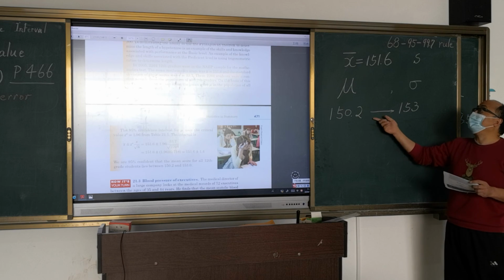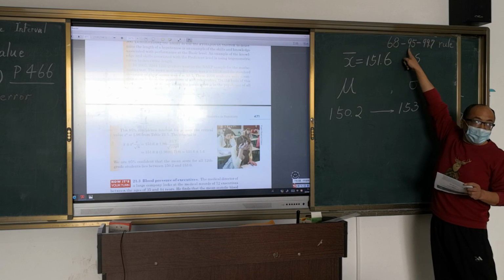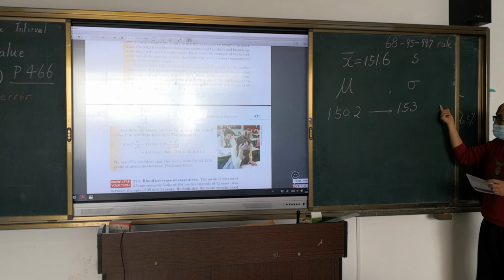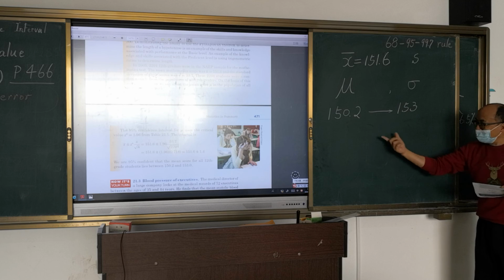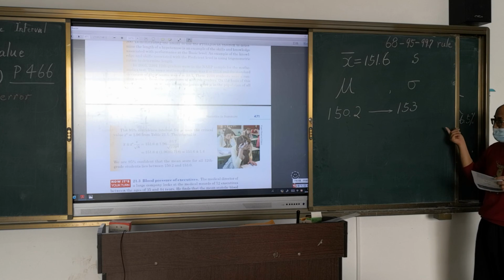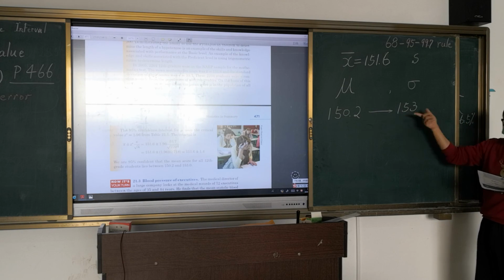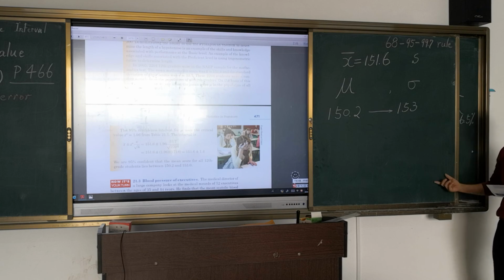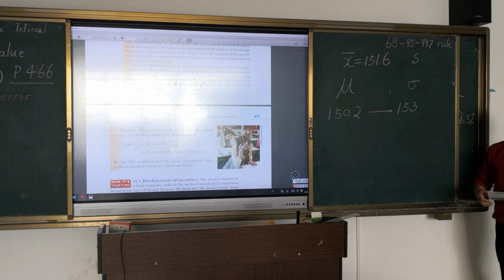And that normal range is 95% of the situation. Here is your blood pressure. Here is your white blood cell. Here is your red blood cell. So on. pH, whatever.